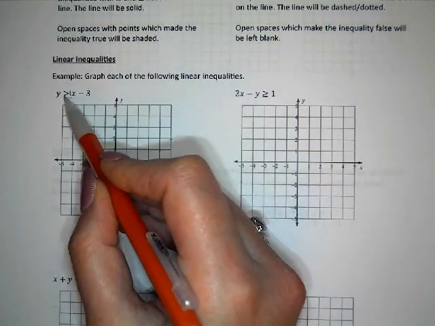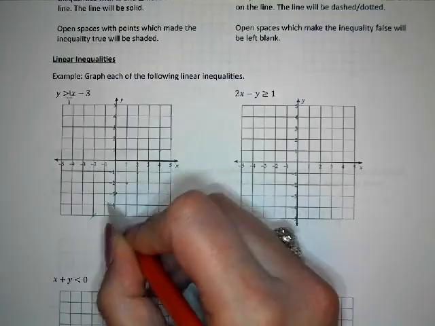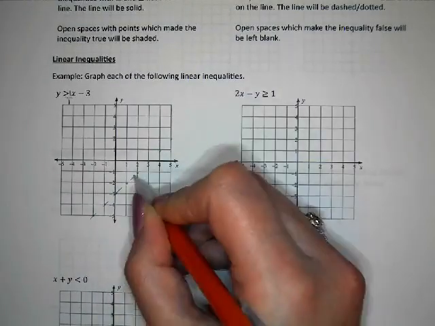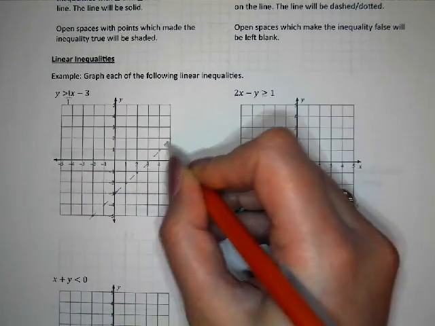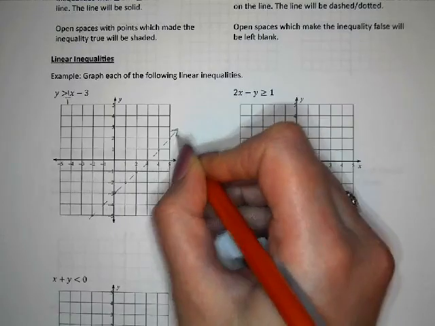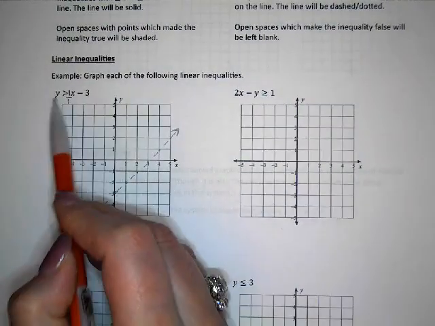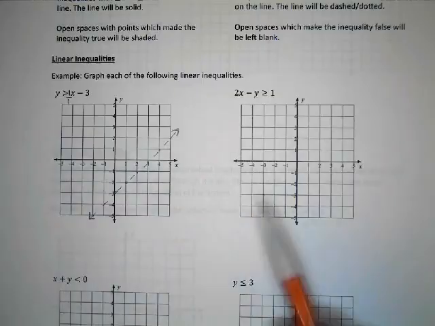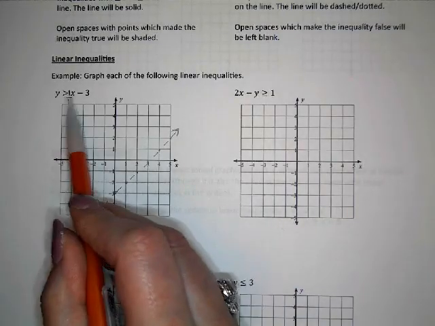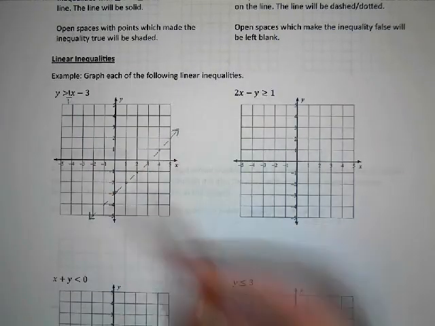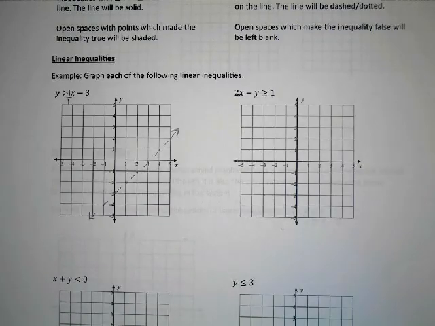Now when I draw the line, there's no equal to, so I'm going to draw a dotted line, because all the points that are on this line will make the left side and the right side equal to each other, and it says we can't have them equal to each other. So the points on the line will not be considered solutions.